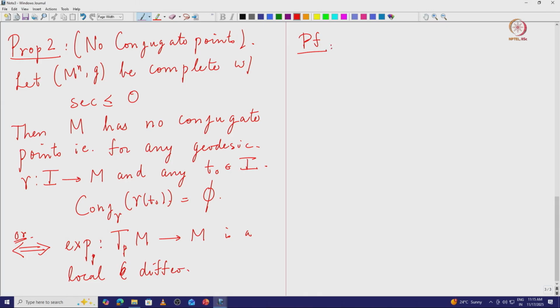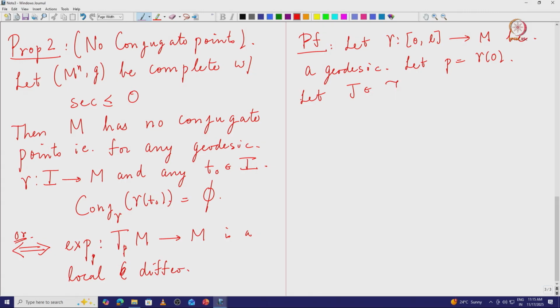Okay, so let gamma be a geodesic. Let P be equal to gamma 0, and let J be any normal Jacobi field.